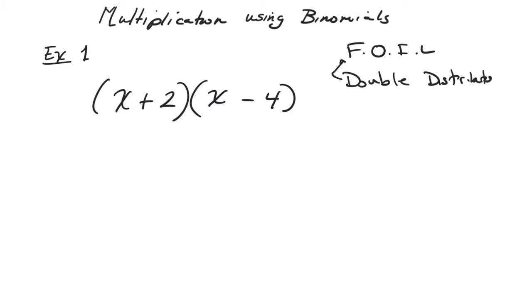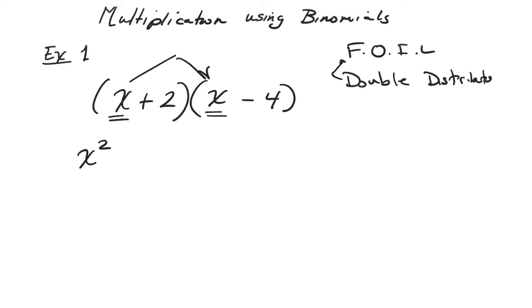When you have a polynomial multiplied by another polynomial, what you simply do is take each term and distribute it across to the next group. That means I'll take x and multiply it by x. Notice this is where the acronym FOIL comes from: I take the first two terms from each polynomial and multiply them, and x times x is x squared.